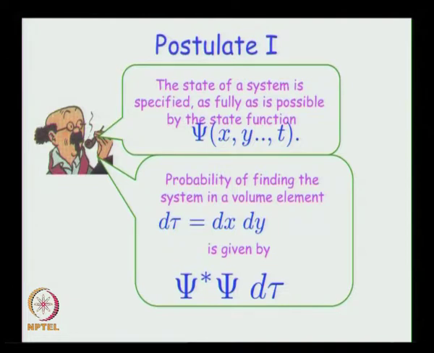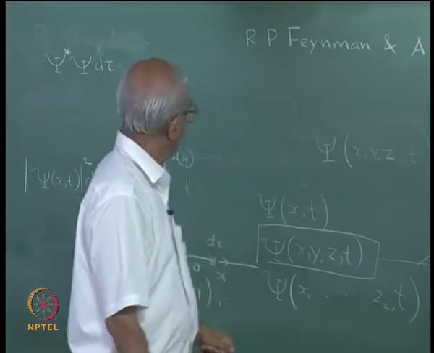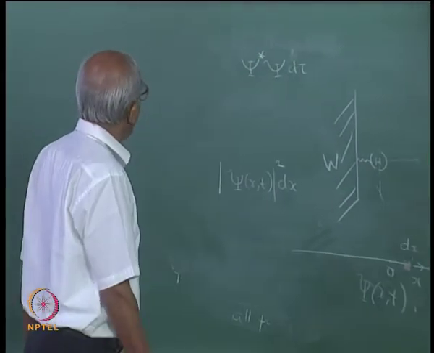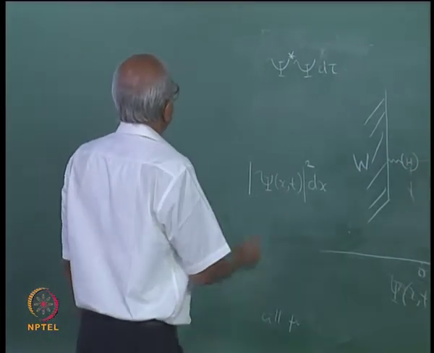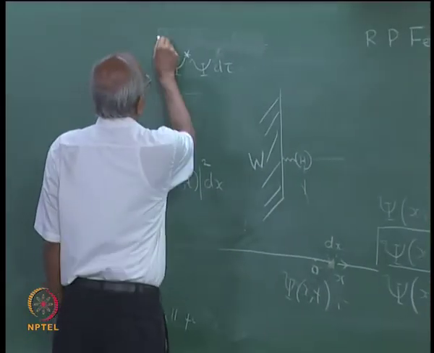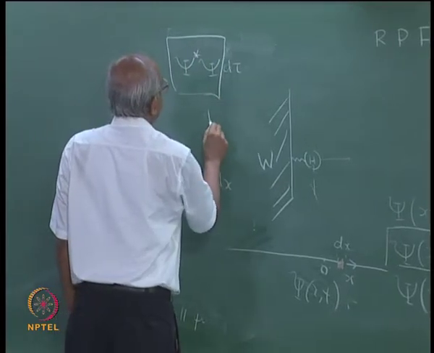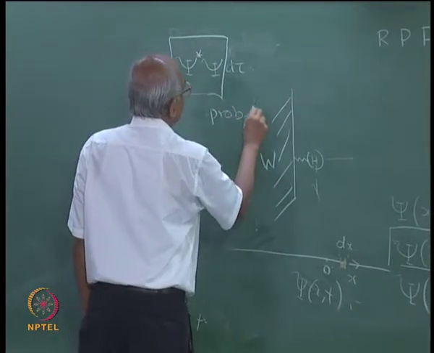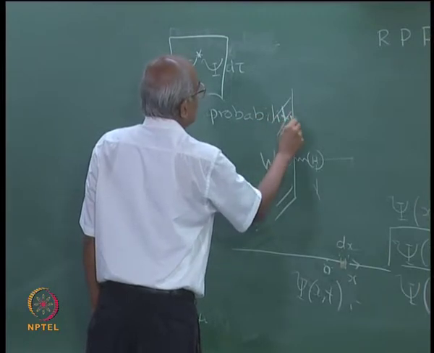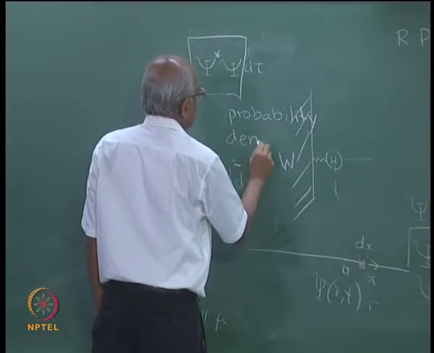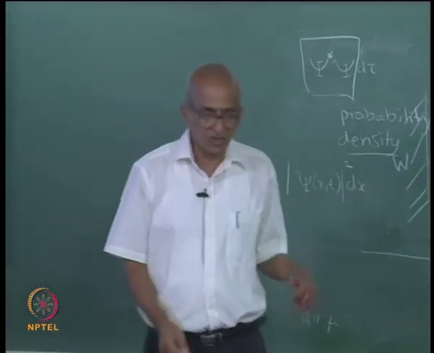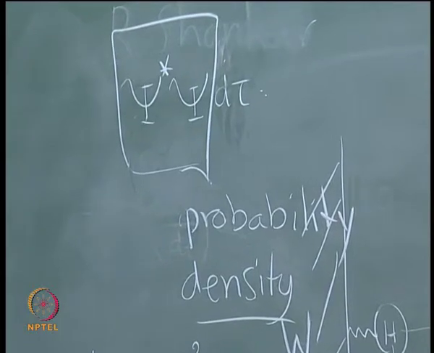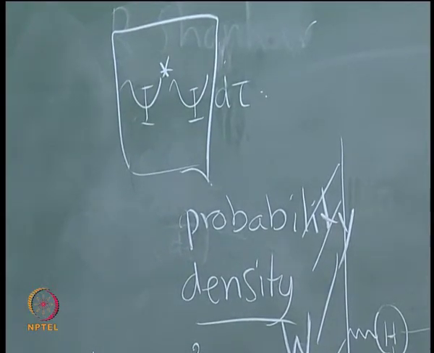So, dx into dy into dz, if you have 10 variables there, it is a product of all of them. And so, again it is natural to refer to this as probability density. Now, I want to describe to you some very interesting consequences of this postulate. This is the first postulate in all its details.